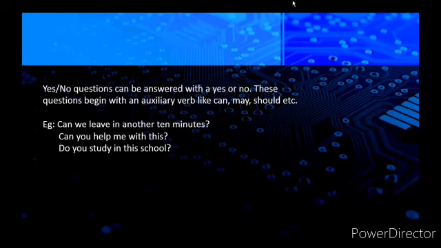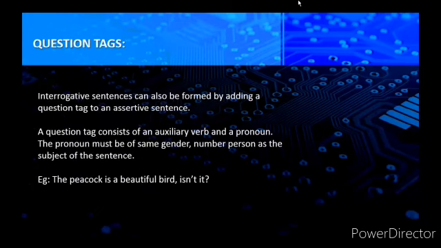Now, question tags. Question tags are short questions having only a verb and a subject. So, interrogative sentences can be formed by adding a question tag at the end of the assertive sentences.